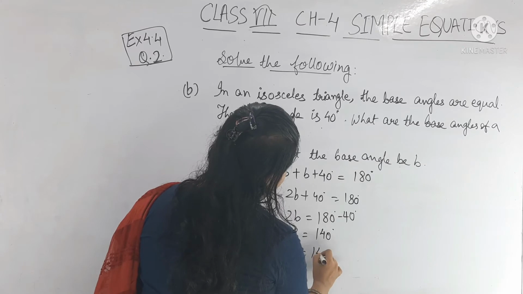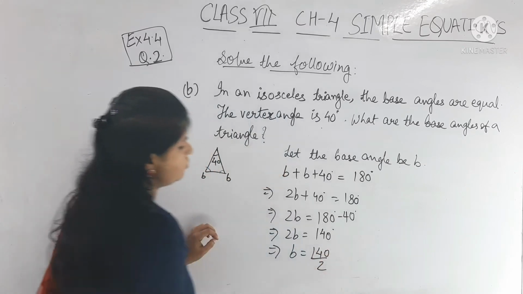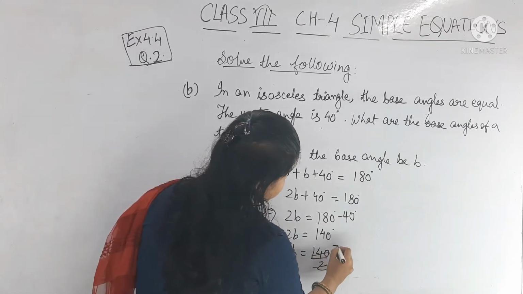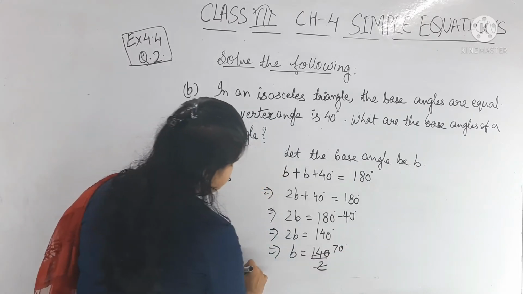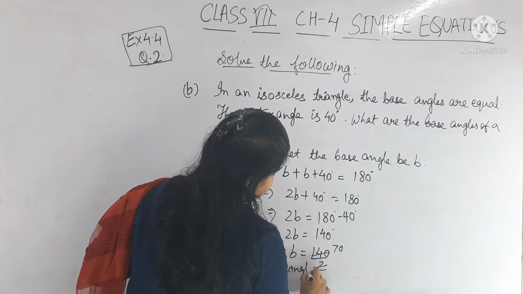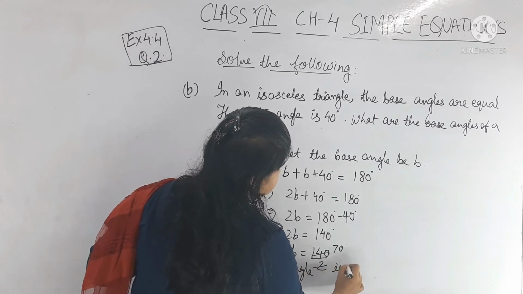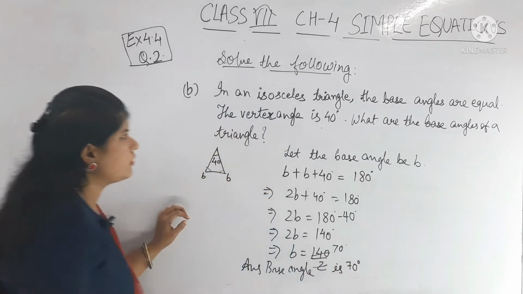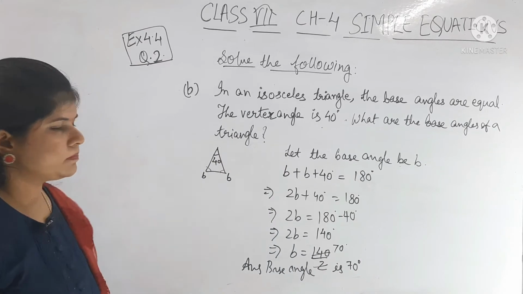B is equal to 140 divided by 2. So what I am getting, the base angle is 70 degree. That is the solution for B.